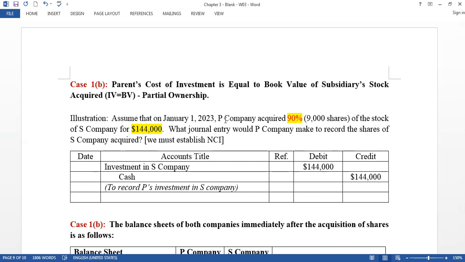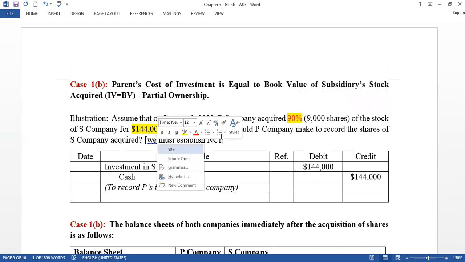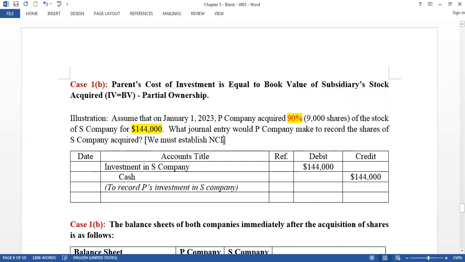So we are going to see what percentage goes to the parent company. You can see the parent company will get 90%. And what about the non-controlling interest? Non-controlling interest is the remaining 10%. So the parent company acquires 90%, and 10% is the non-controlling interest.